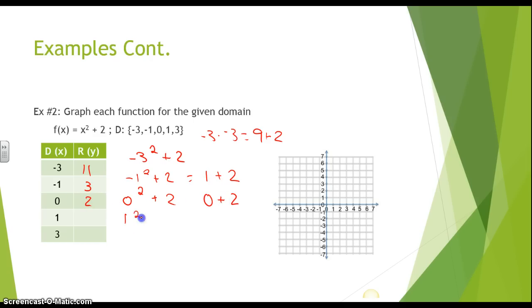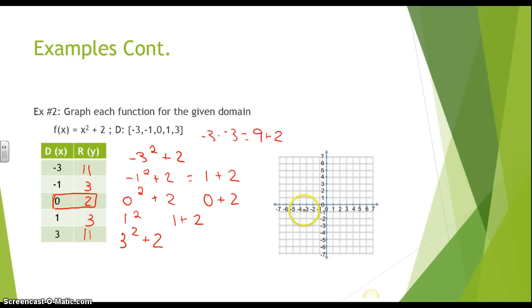Now here I have 1 squared. 1 plus 2 gives me 3. Notice a pattern happening right here. If it's -1, it's 3. If it's +1, it's 3. What do you think 3 is going to be? Well, let's see. We have 3 squared plus 2. 3 squared is 9, 10, 11. So my center point is going to be this 0, 2, and notice how it reflects. We have 3 and 3 and 11, 11.